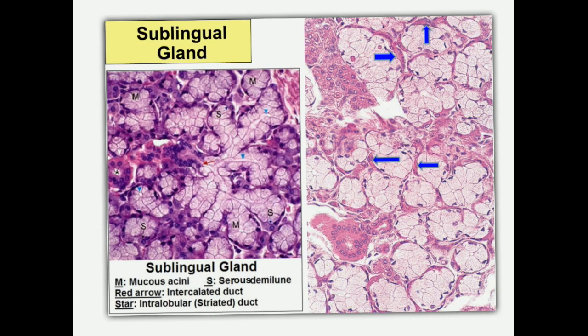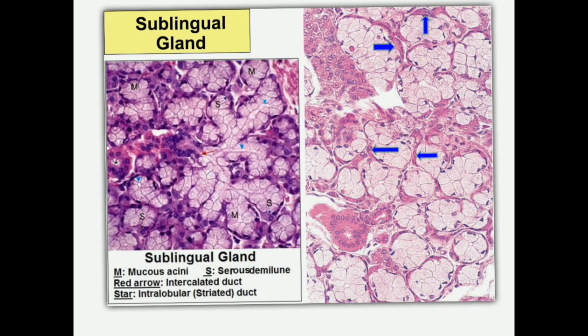Also notice here the ducts. The duct that starts or opens immediately in the acinus is the intercalated duct. This duct, which is lined by low pyramidal or cuboidal cells with central rounded nuclei, is the intralobular or striated duct.